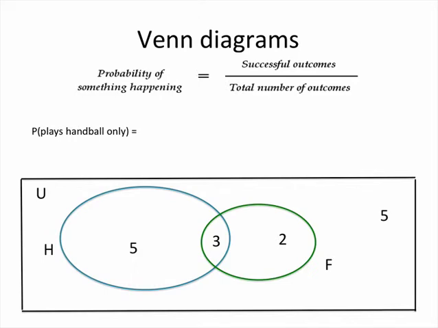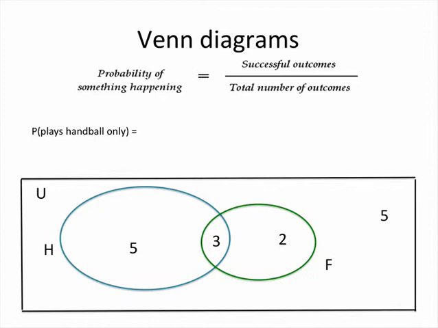Okay, let's do a couple more examples then and write them down here. What's the probability, and this is how we write probability in a nice condensed way, big P, and then in brackets whatever it is we want to find the probability of. So when we're talking about probability, if you see a big P, it's just meaning find the probability of whatever's in the brackets. So the probability that someone plays handball only. Well, we need the total number who are playing handball only.